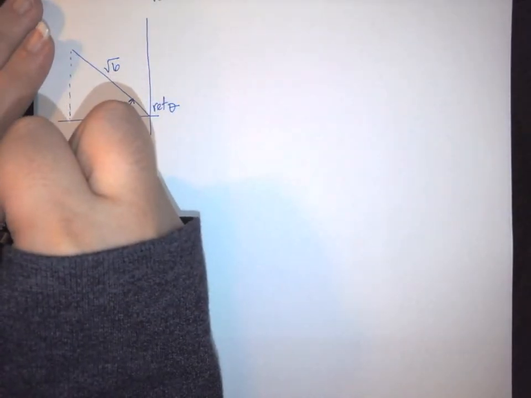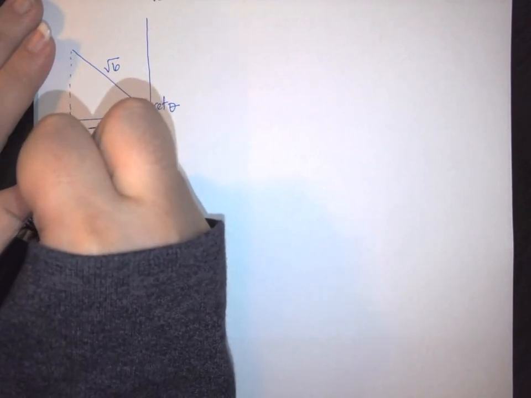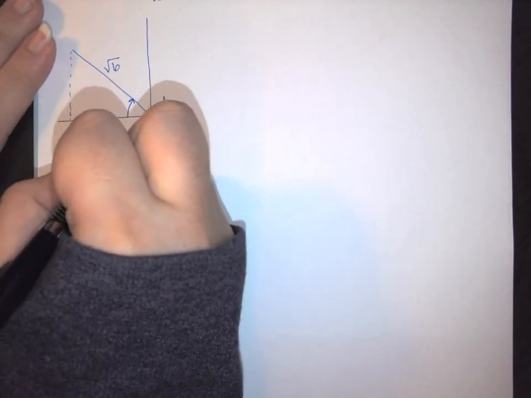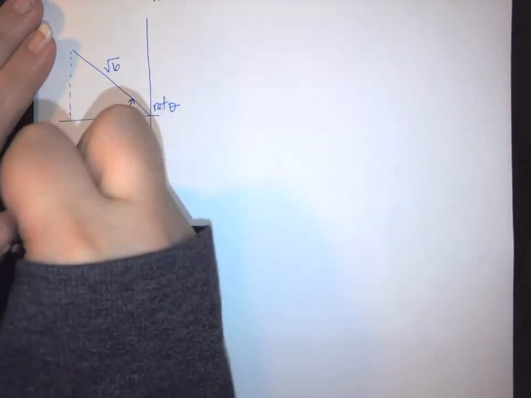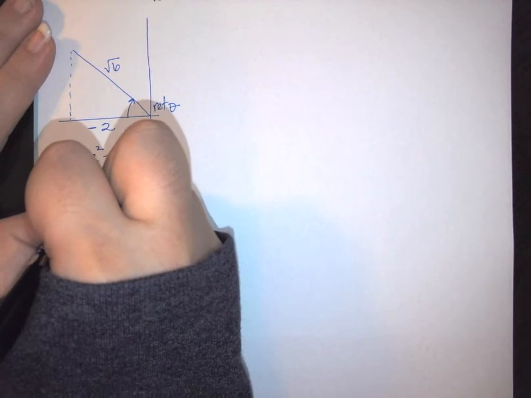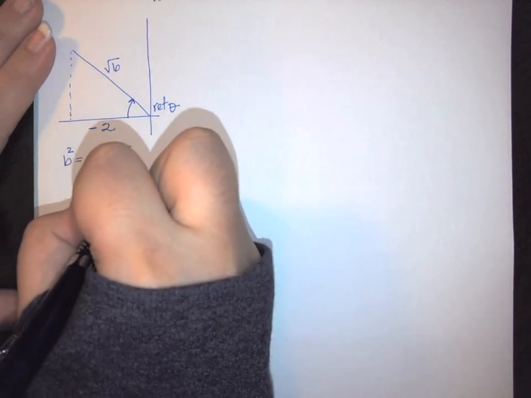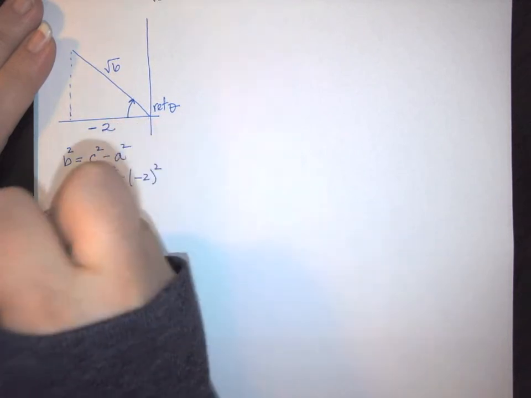So here I would do that my b squared is equal to c squared minus a squared. So here I have the square root of 6 squared minus negative 2 squared.